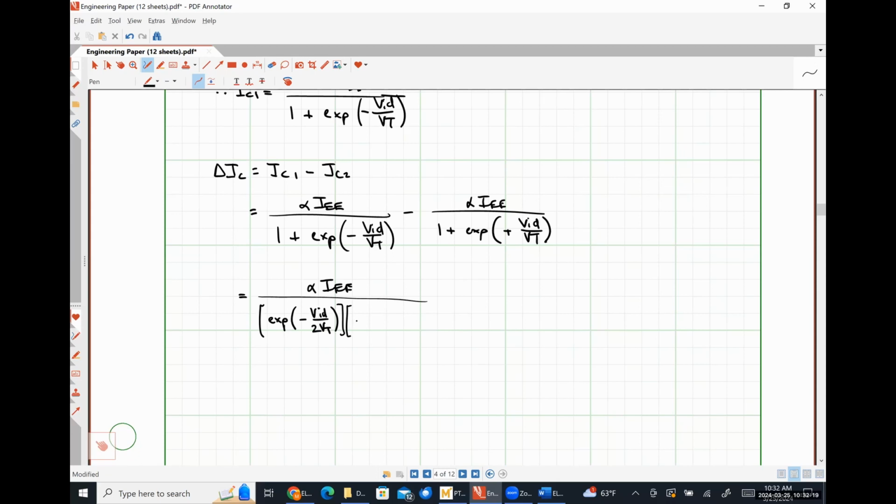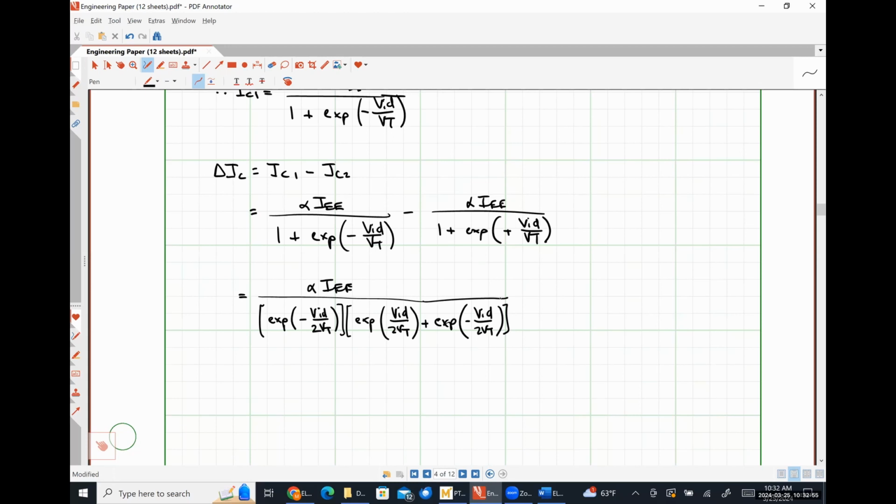And then here, we're going to have EXP of positive VID over twice VT plus the exponential of negative VID over twice VT. So just to be clear, when I multiply these two together, I get the exponential of 0, which is just 1. When I multiply this one by this one, those exponentials add together, and I just get negative VID over VT.